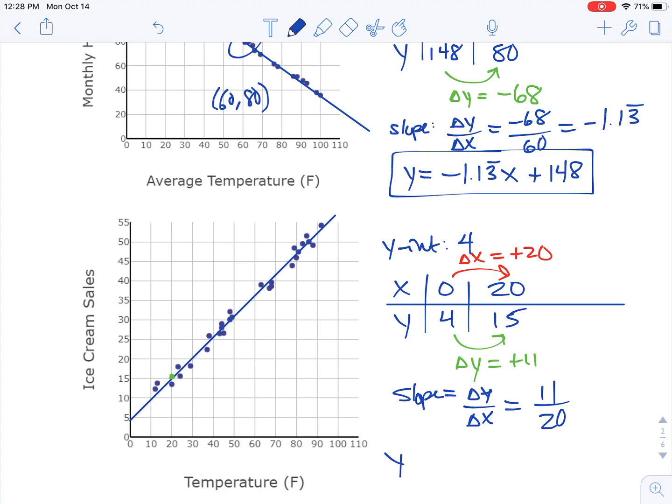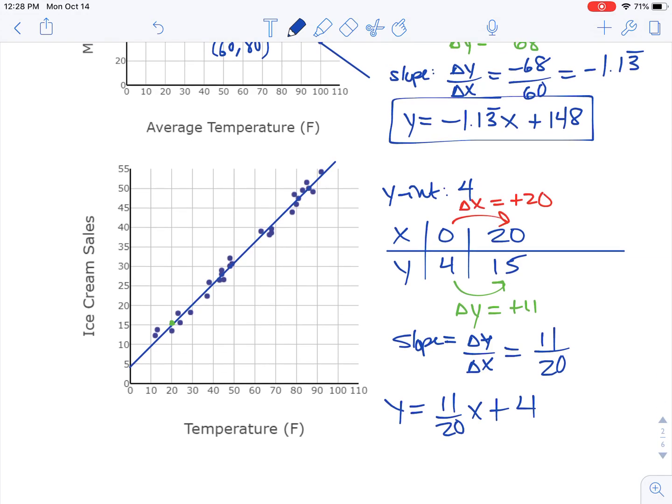So let's write our equation now: y equals 11/20 x plus our y-intercept, 4. But again, if you really like to get a decimal out of this, you can always do that. If I just do 11 divided by 20, I get my decimal, which would be 0.55x plus 4. Either way, we've got our equation of the line of best fit.